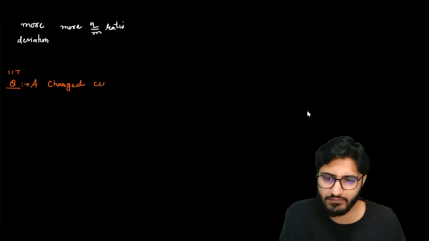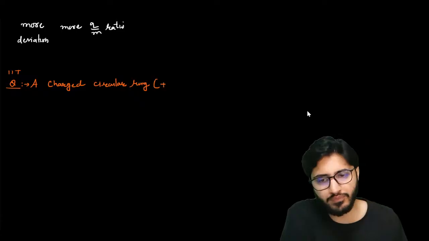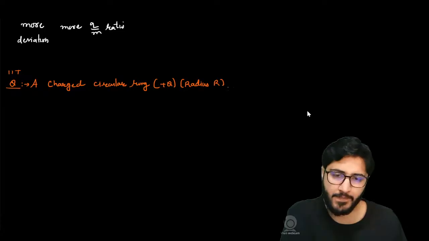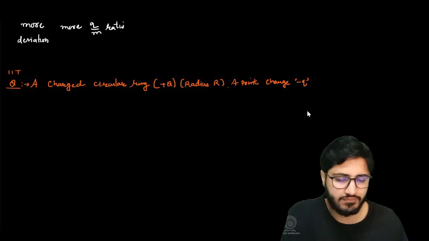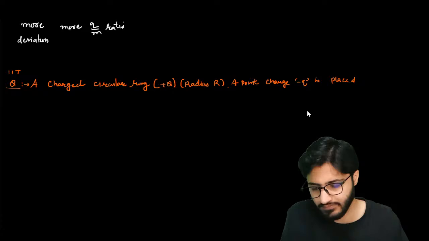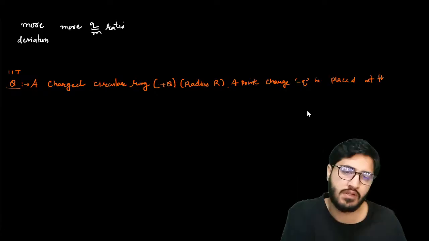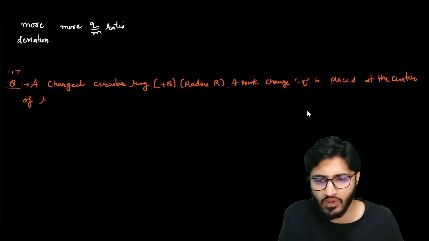A charged circular ring, on which we have plus q charge, and the radius of my circular ring is r. Then a point charge, a charged particle minus q, is placed at the center of the ring.